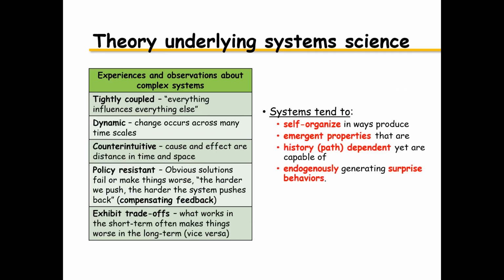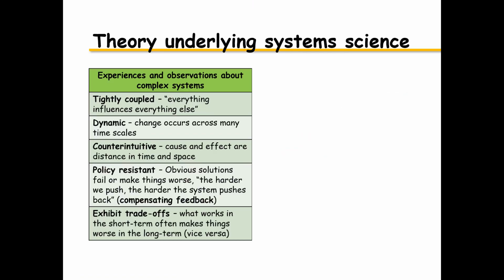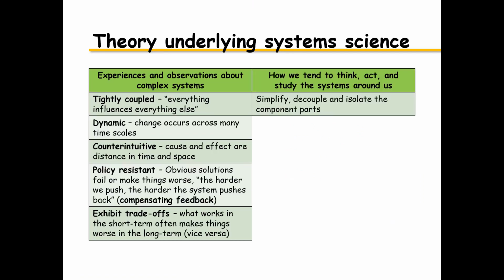Because of those behaviors, these complex systems like ranches, watersheds, and organizations conspire against that reductionist, siloed mode from before, where we tend to simplify and decouple different factors into their individual component parts.